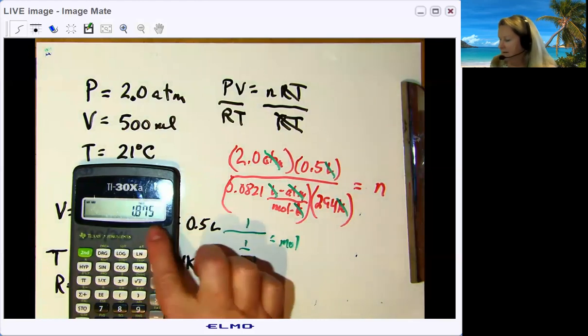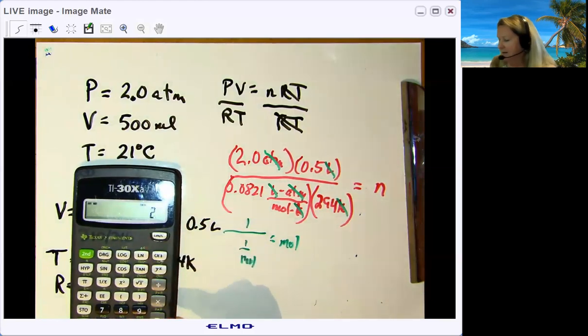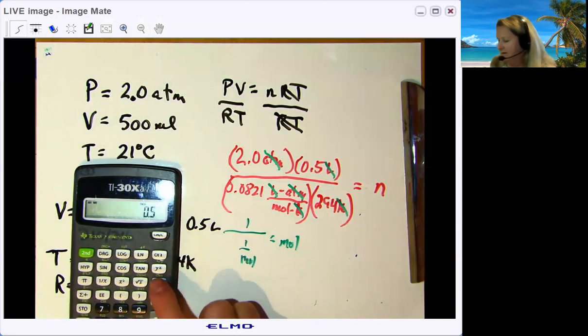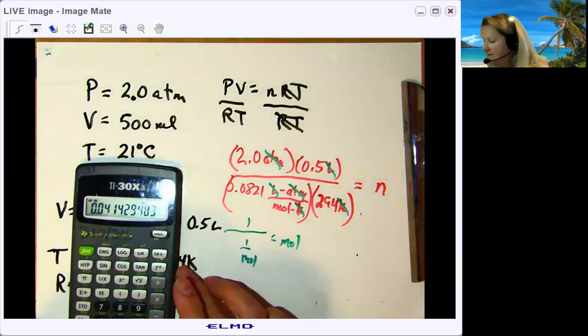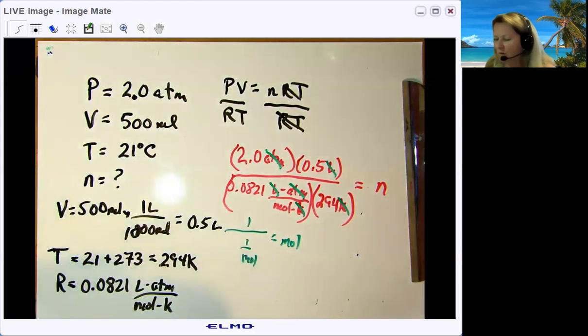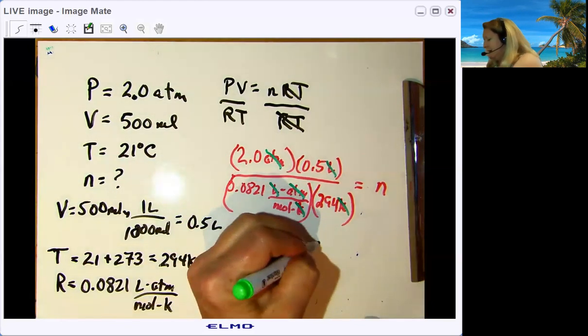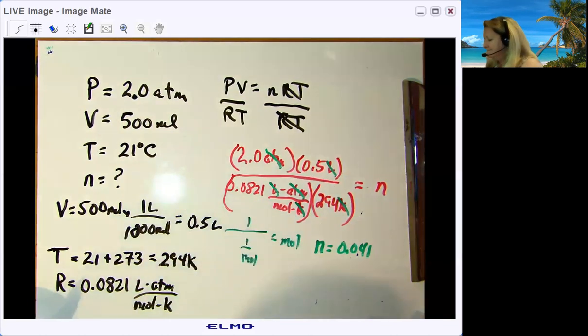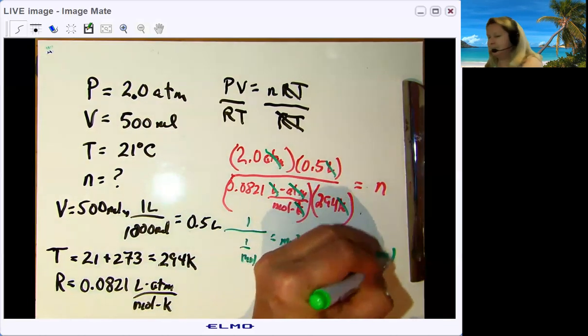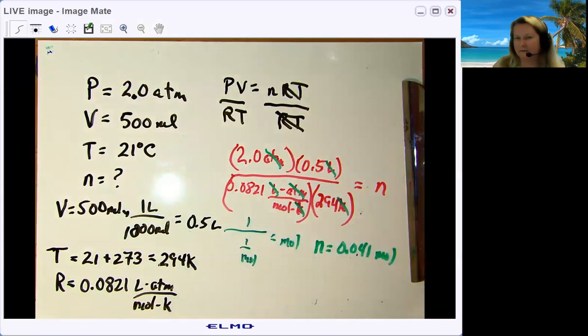We've got 2 ATMs times 0.5 divided by 0.0821 divided by 294. And we get 0.041. N is going to be 0.041 moles. And that's all there is to it.